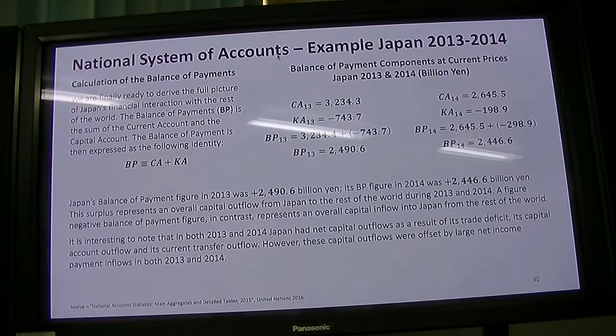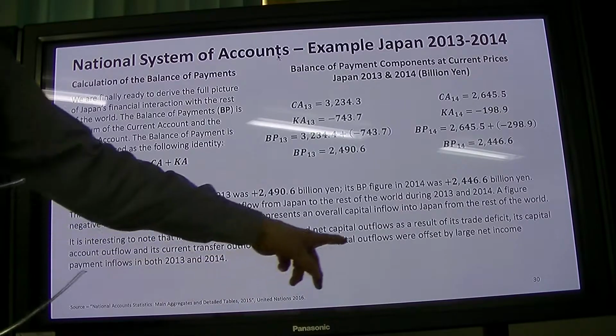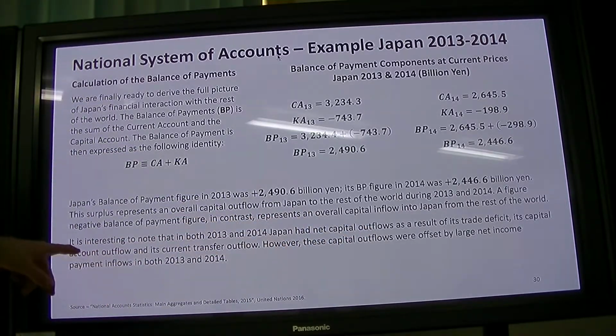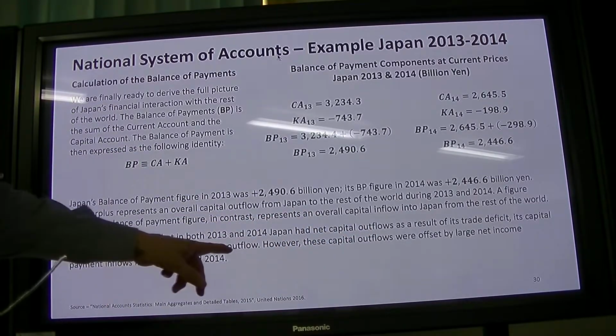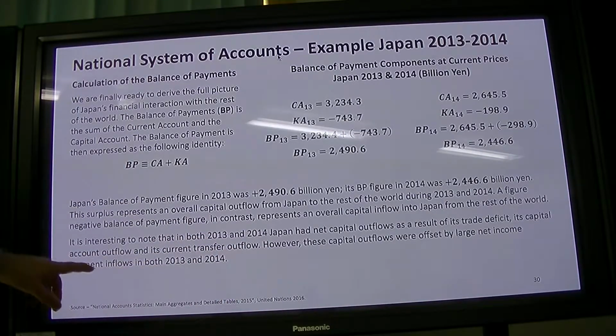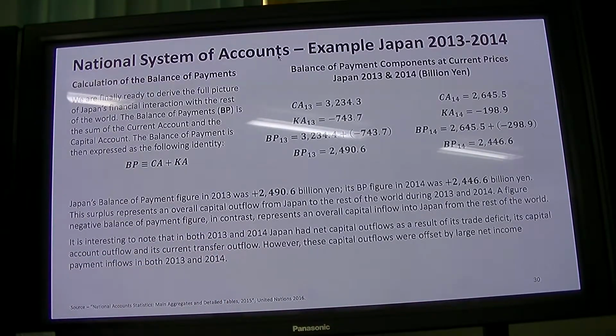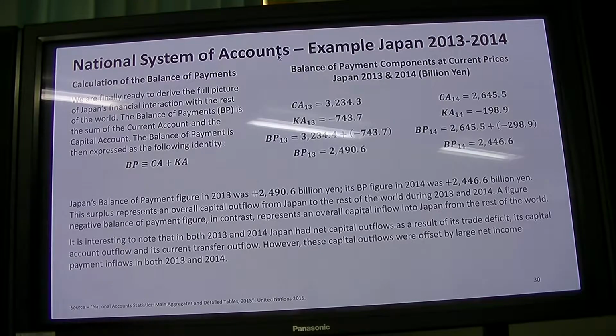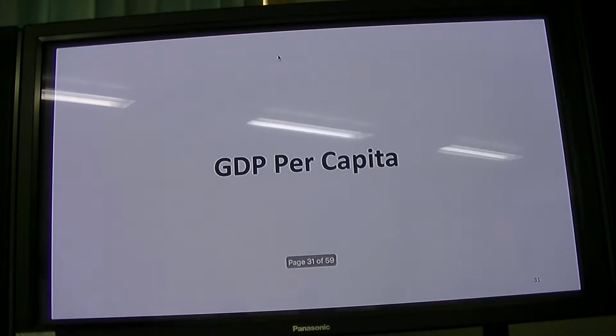So, as I say, net capital outflow is a result of its trade deficit, its current account outflow, and its current transfer outflow, but these outflows were offset by large income payment inflows. So that's the picture of Japan's relationship with the rest of the world.